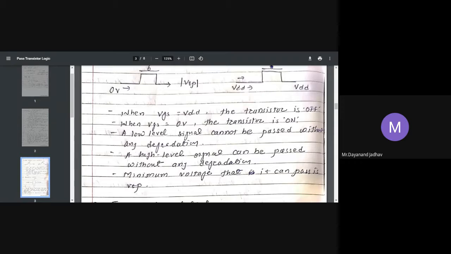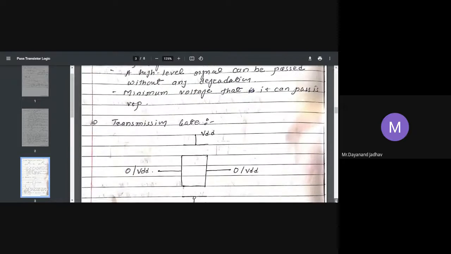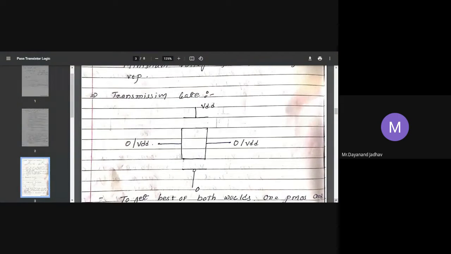In PMOS, 0 volt cannot pass easily, but when logic 1 is applied it can be passed without any degradation. These are the differentiating points between the NMOS transistor as a switch and the PMOS transistor as a switch. Okay, this is the transmission gate.